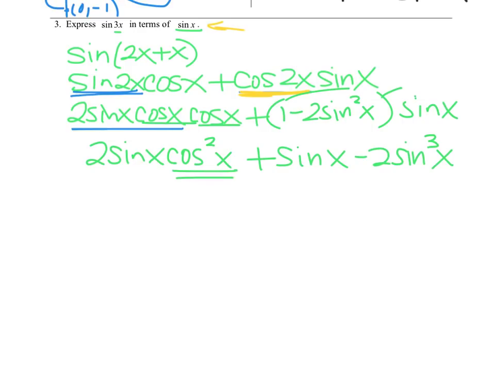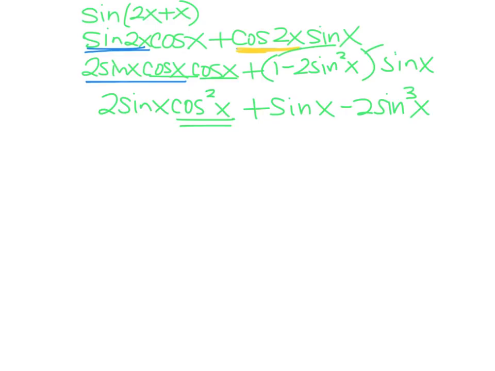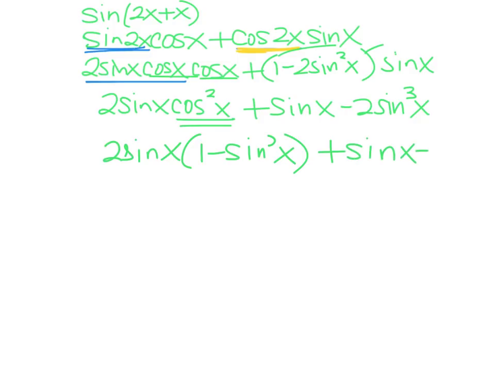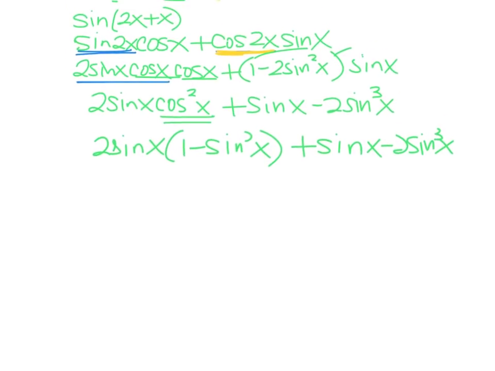We're trying to get everything in terms of just sine x, so let's replace cosine squared x with 1 minus sine squared x, using that Pythagorean identity we learned on the first day, plus sine x minus 2 sine cubed x. Whew, do you need me to pause a minute so you can catch up?